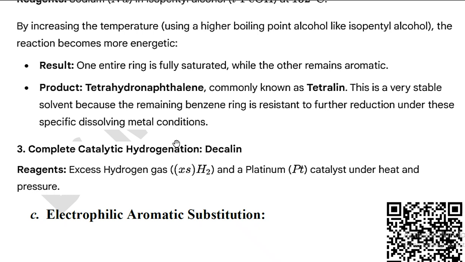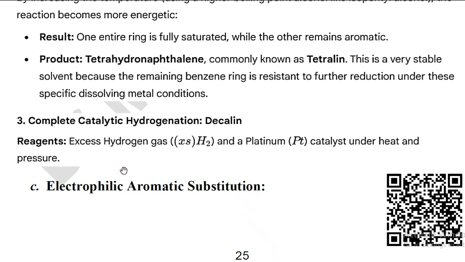We put excess hydrogen gas and platinum as catalyst under heat and pressure. Look here, heating and pressure are harsh, very hard conditions to be applied on this reaction. For this reason, it gives full reduction of both naphthalene rings.